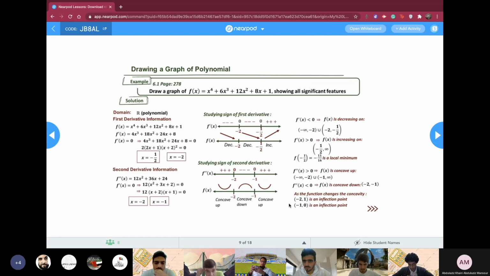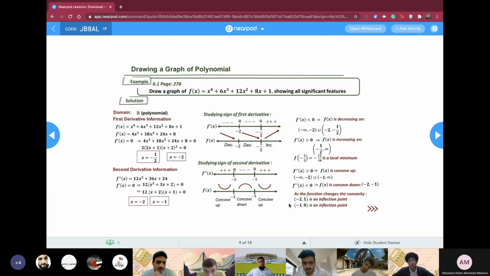From the left of -2, it's minus, and from the right of -2, it's also minus, and from the right of negative half, it's positive. Can you give me the interval where the function is decreasing?